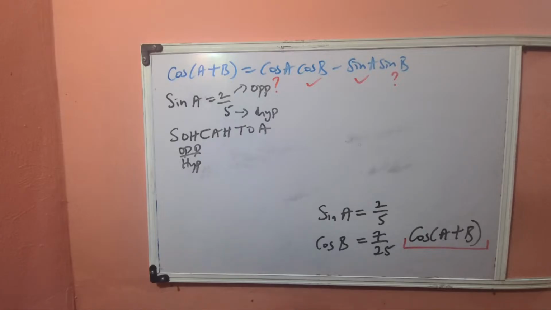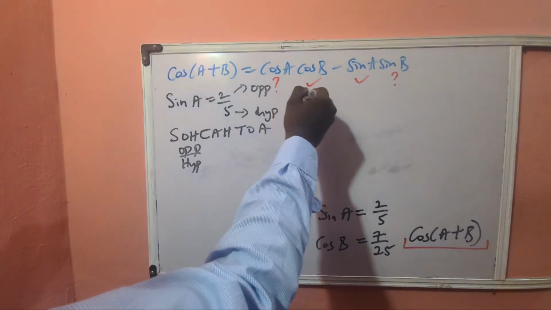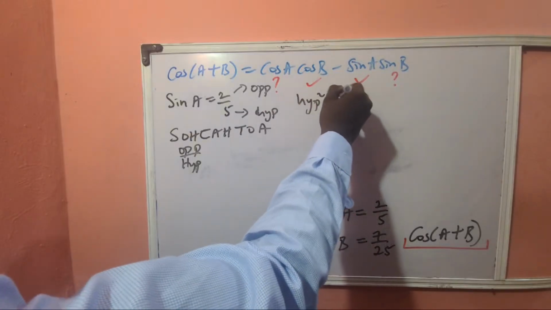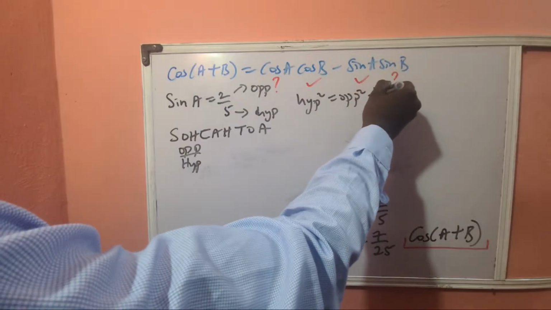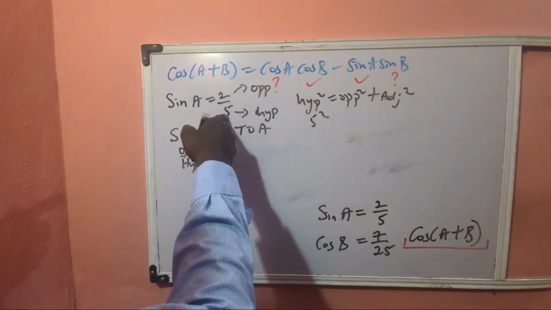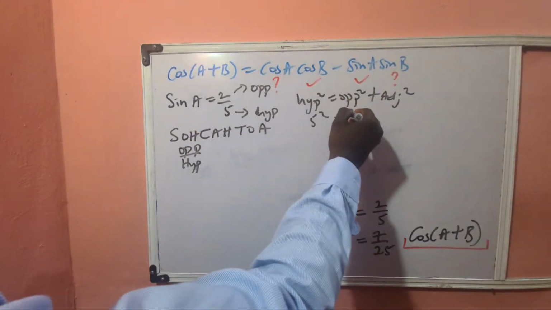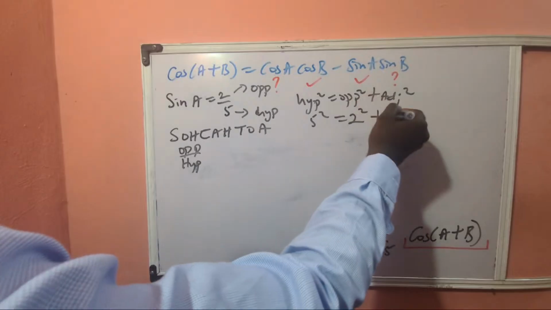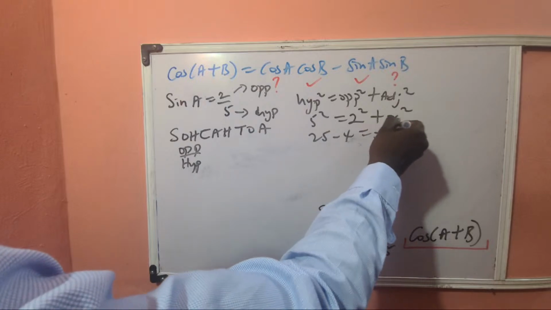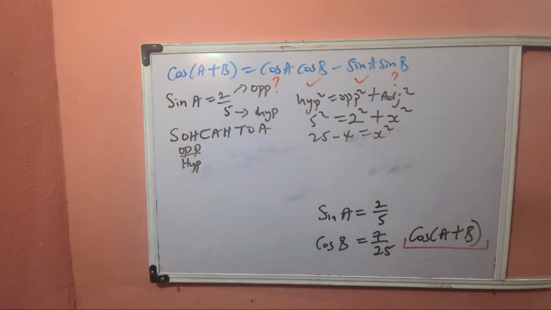If I'm trying to find the adjacent, from my Pythagoras theorem, I know that hypotenuse square is opposite square plus adjacent square. So that means 5 square, which was my hypotenuse, is equal to opposite square, which was 2 square, plus the adjacent we do not know. This means 25 minus 4 equals x squared. What is 25 minus 4? That's 21.